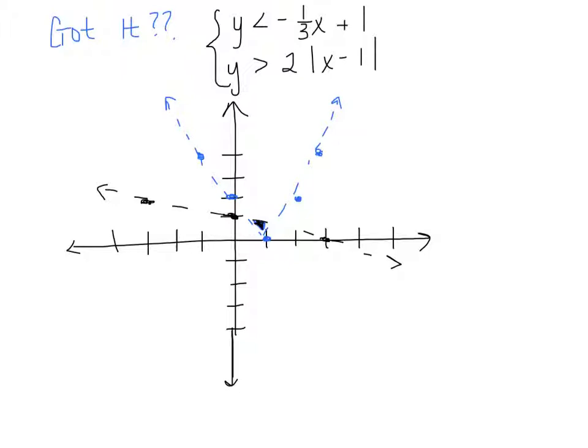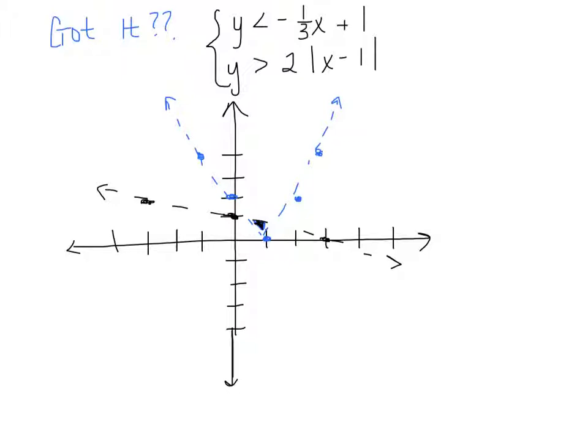So I went up 1, left 3, and I also went down 1, right 3, so you can see more of the line. My absolute value inequality, when I started in the middle at my 5 parent points, that too was a vertical stretch. So I had to stretch all my y coordinates by a factor of 2, and then I shifted everything right 1. So that's the blue graph.